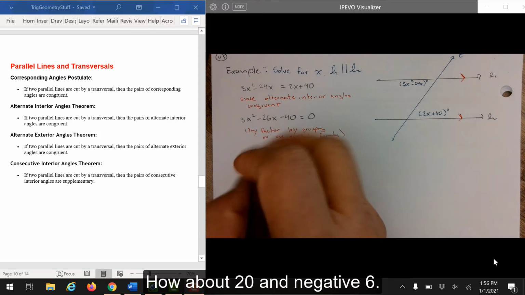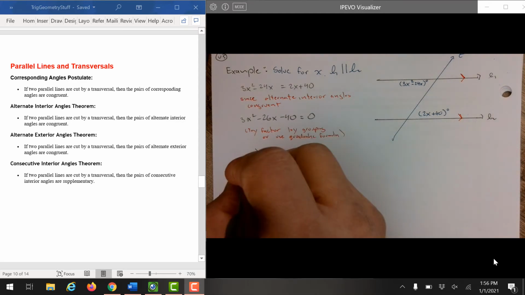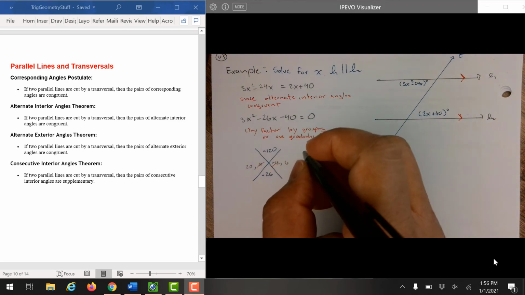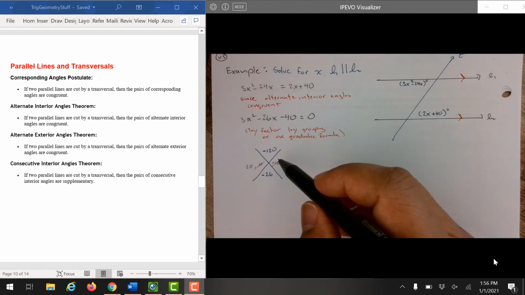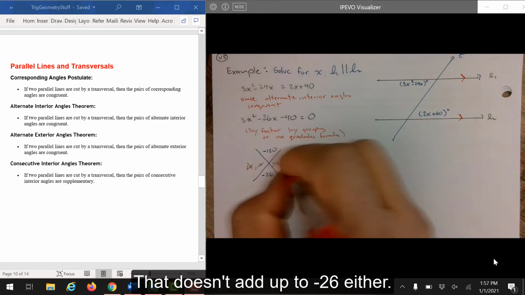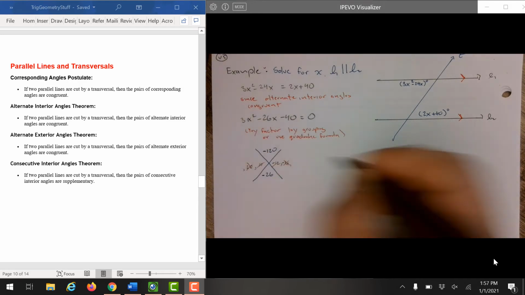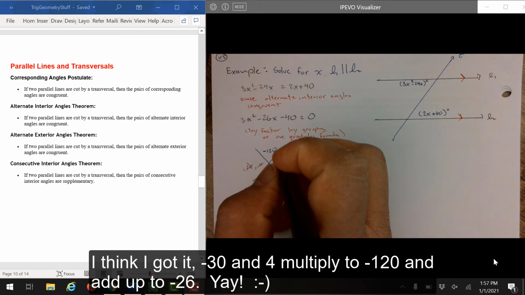How about 20 and negative 6? That doesn't add up to negative 26 either. I think I got it.